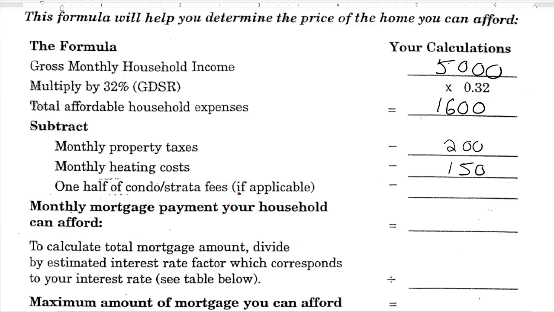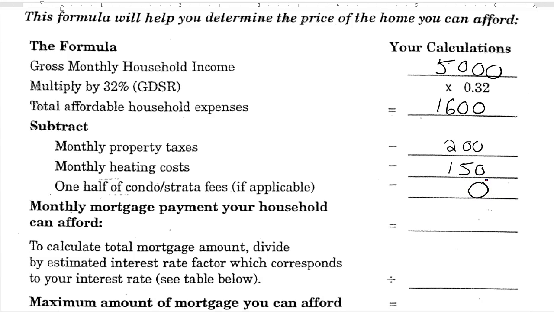Remember, if you're buying a condominium, you not only have your mortgage, but you are going to have some dues that are paid every single month. In a condominium, you're not responsible for cutting the grass, shoveling the snow, and minor repairs to your condo. That's covered by the condo board. They cover that cost by charging you condo fees. In this case, Jeremy is not buying a condo, so we have no fees. We'll put a 0 in here.